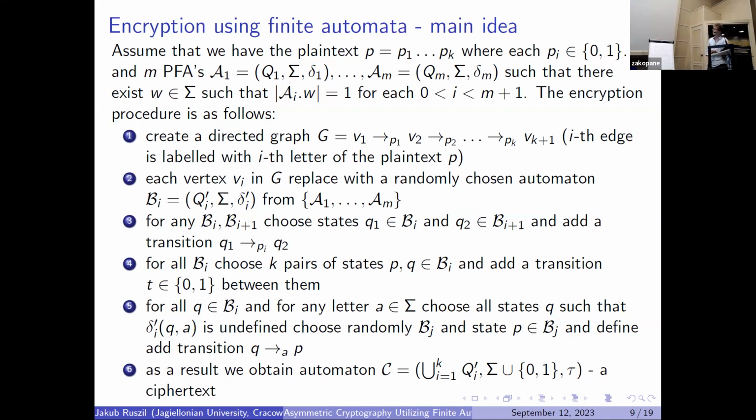So the encryption procedure is as follows, and I have an example, because the slide is actually unreadable. The first step is to create a directed graph G from the plaintext, in the manner that if we have a plaintext of k letters, then we take k plus 1 vertices and label consecutive edges of that directed path with the consecutive letters of the word.